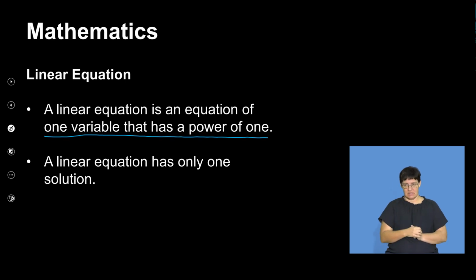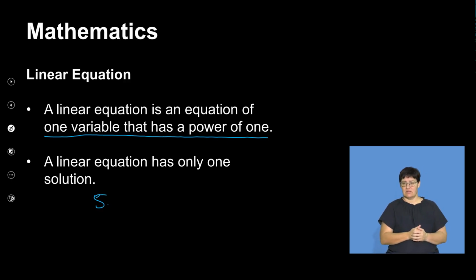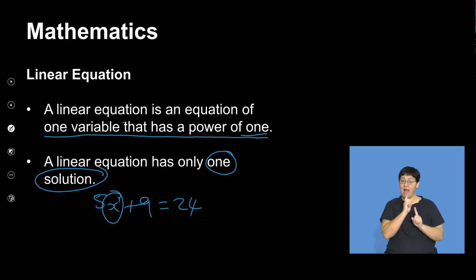Now, quickly back to the one that we did, we said it was 5x plus 9 equals 24, right? This has an exponent of 1 there. That's what it means to say it has a power of 1, and it will always give you one answer or one solution when you are trying to solve this particular question.